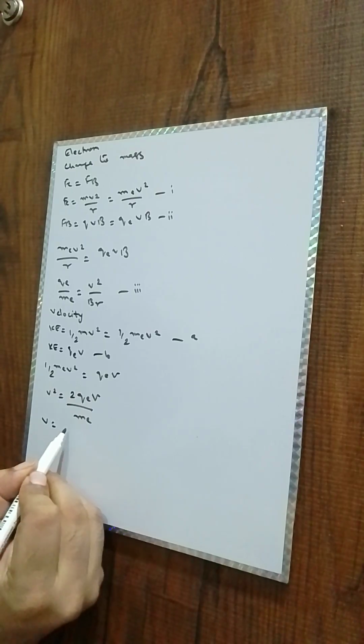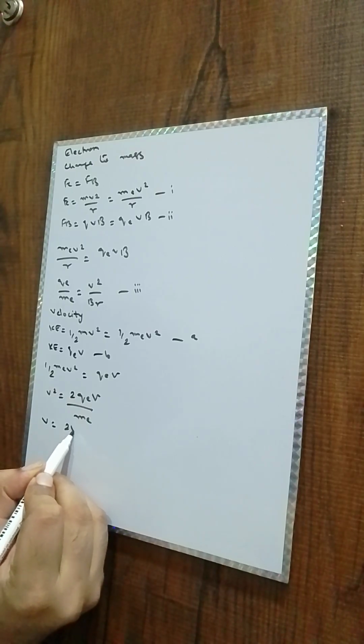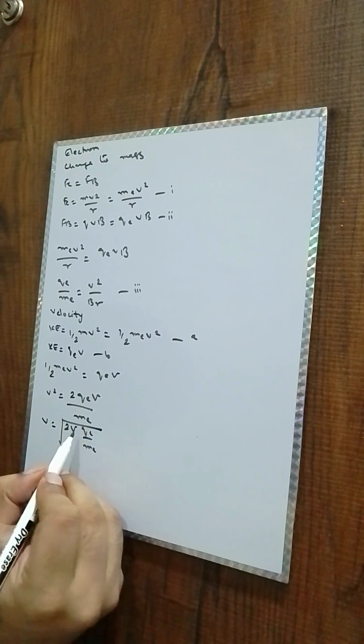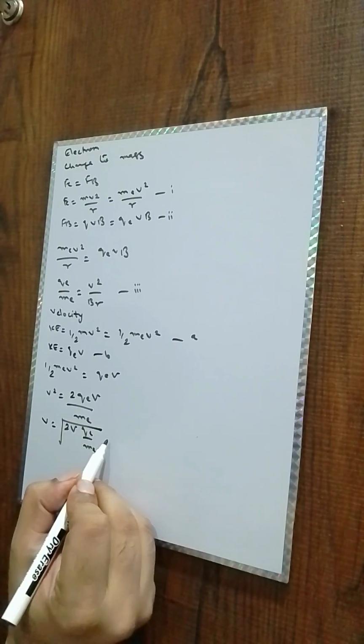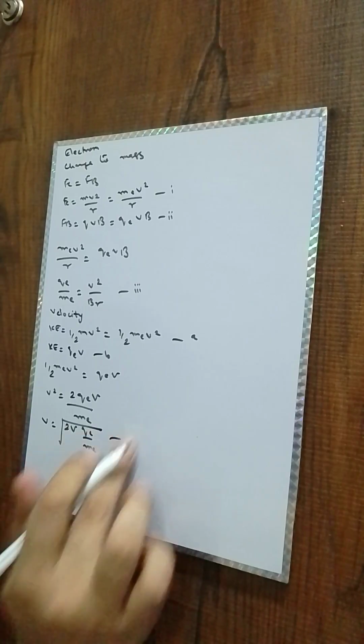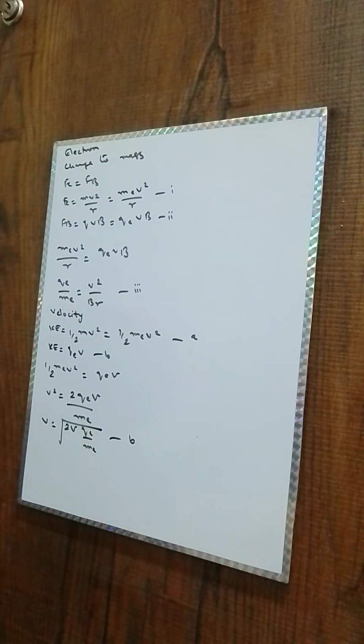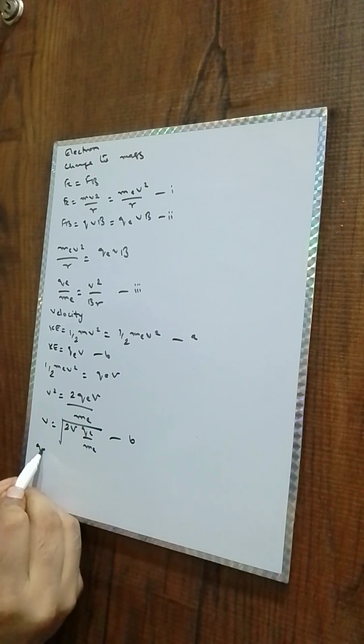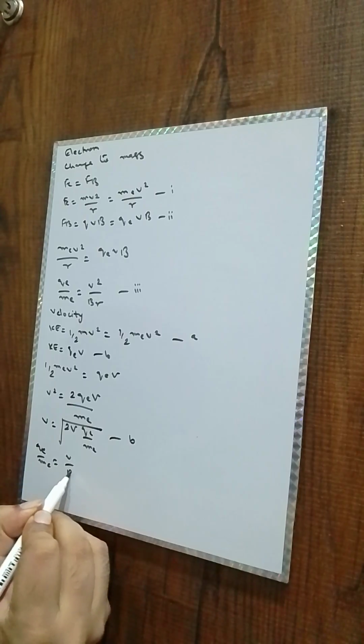So you see, if we simplify, it becomes v equal to the root of 2V times q_e by m_e. This is velocity, this is potential, this is the form we are looking for. So we also know that we have established that q_e by m_e in the case of an electron is equal to v by Br.